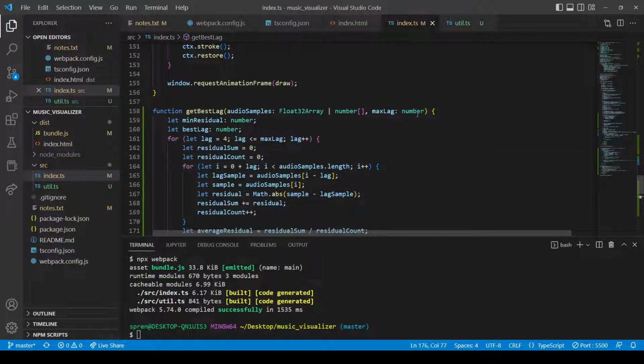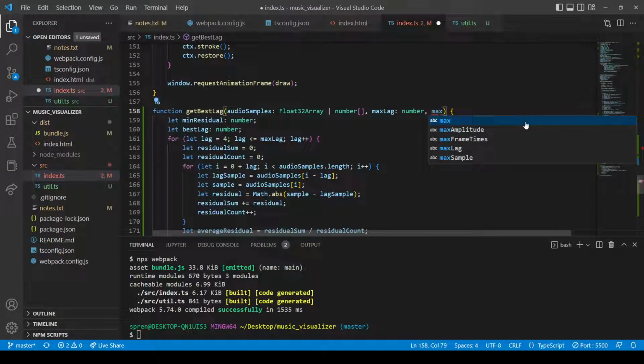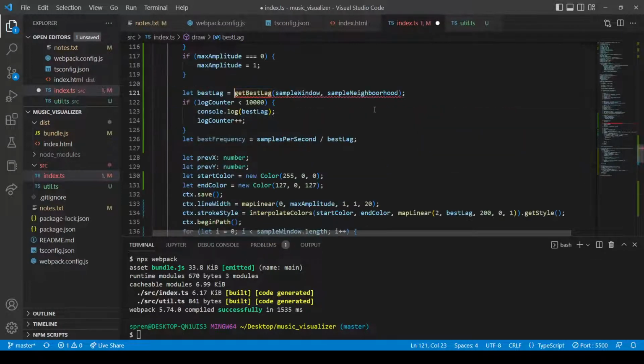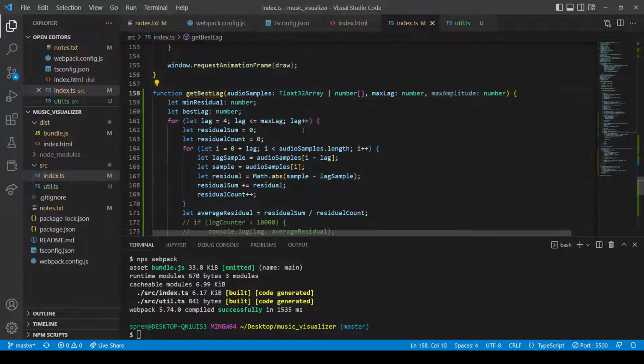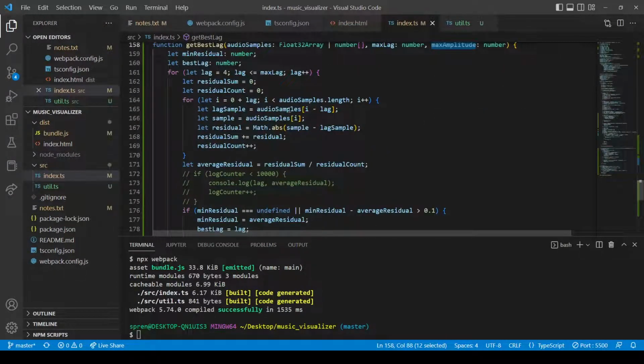So actually we do want to bring in this concept of an amplitude scaling thing, because I claim that will help us do this better.